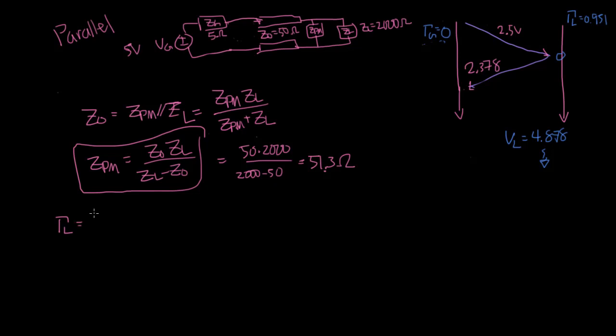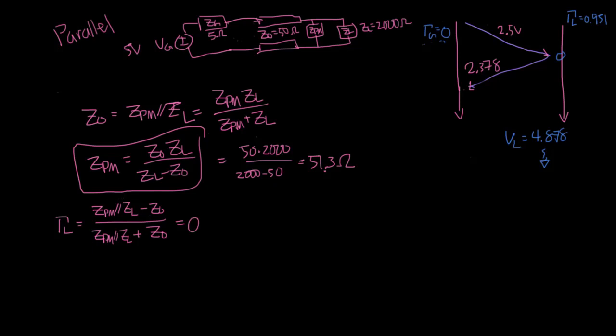And so when you do that, gamma L is going to be equal to ZPM in parallel with ZL minus 50, this being Z naught. I'll just be clear and write Z naught here. And this is ZPM parallel ZL minus Z naught over ZPM parallel ZL plus Z naught.